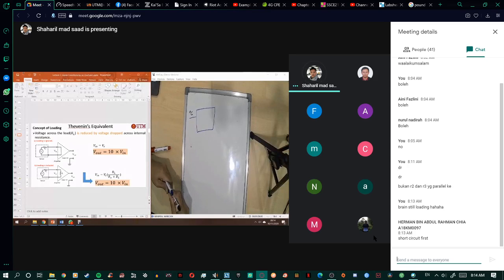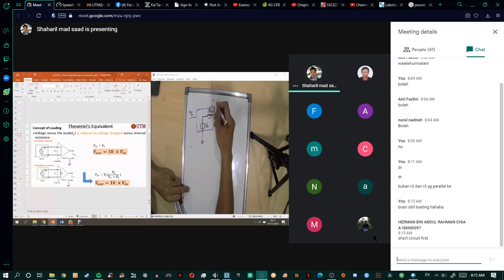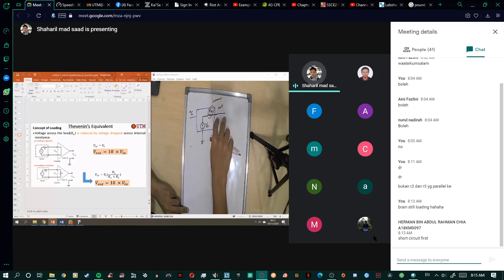It will generate some voltage here, let's say in millivolts. Now your transducer is like this: I call it Vx, and this one Rx. So the transducer has an internal resistance, and the output will be in millivolts, from the Vx here.